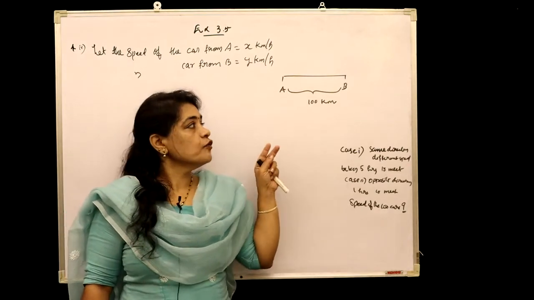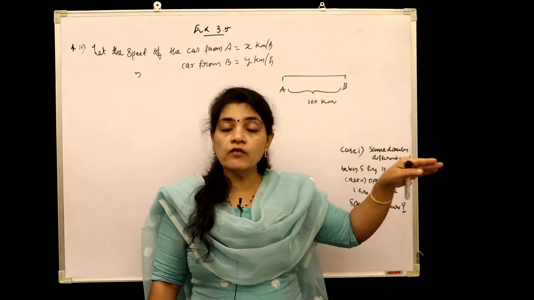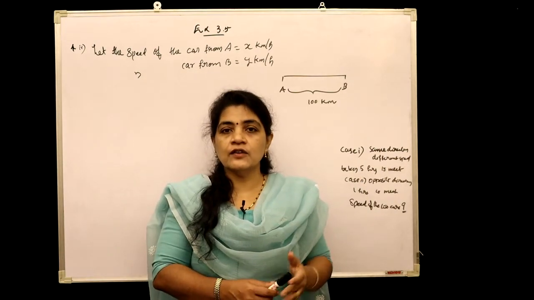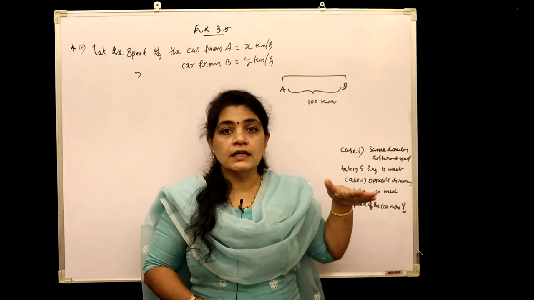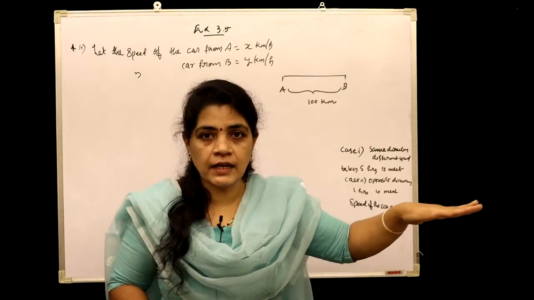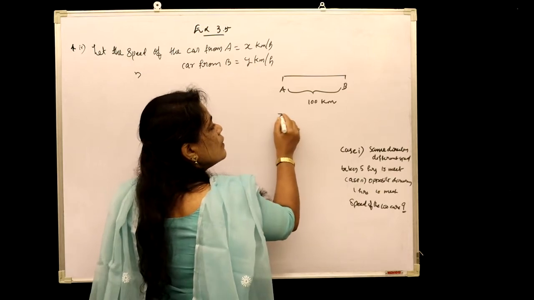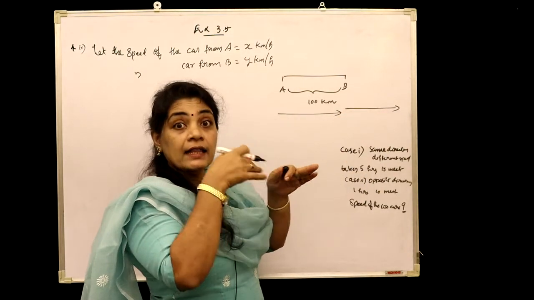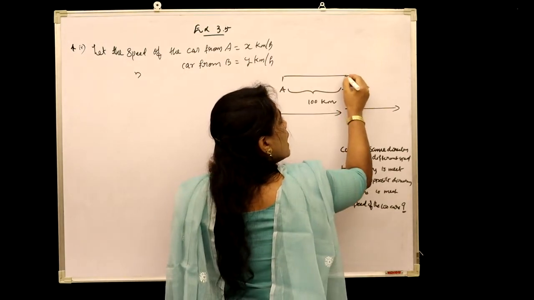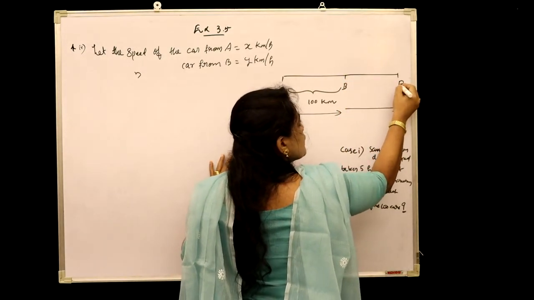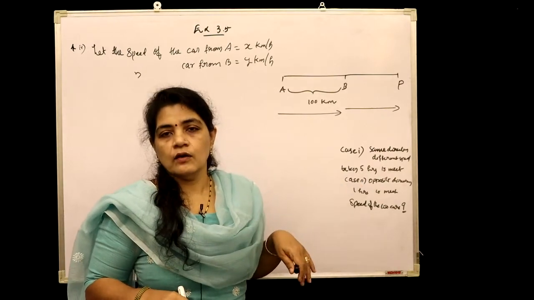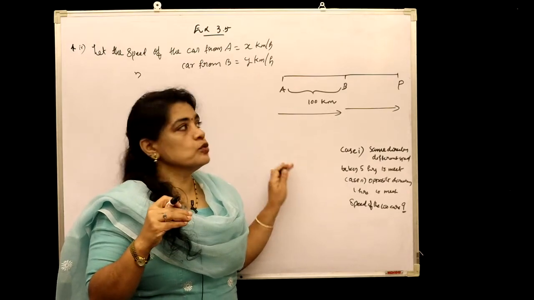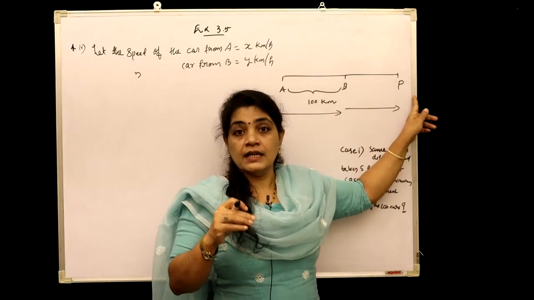And after traveling 5 hours, they meet together. So in the first case, I am considering the cars which are moving in the same direction, from A and from B, and they meet together after 5 hours, suppose at P. So the time taken by the first car A to reach P is 5 hours.